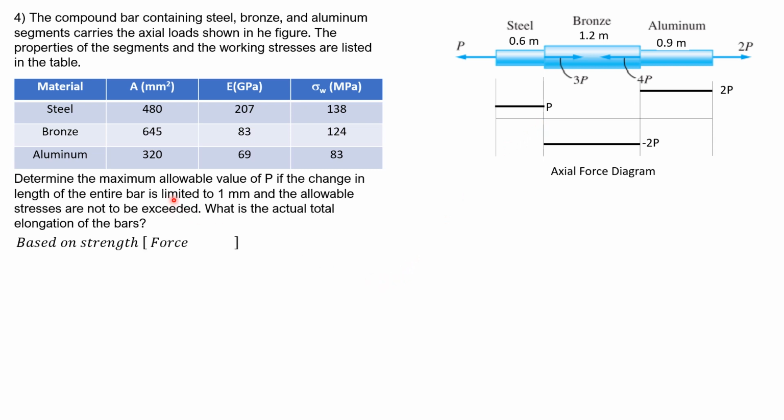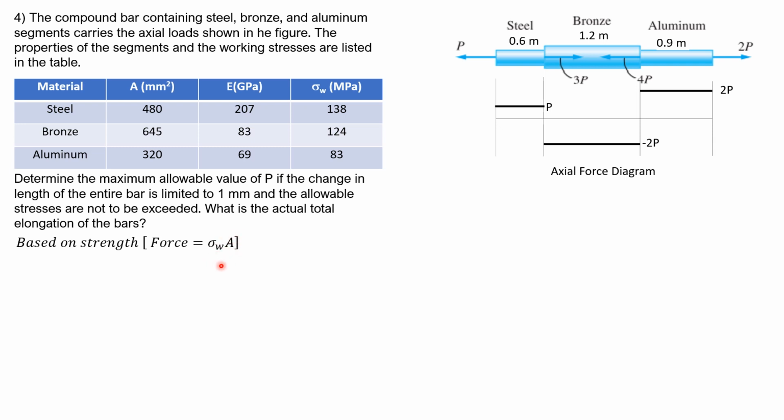Remember, the question is the maximum allowable value of P if the change in length is limited to 1 mm and the allowable stresses are not to be exceeded. And what is the actual total elongation of the bar? Based on strength, remember force is equal to allowable stress or working stress times cross-sectional area.